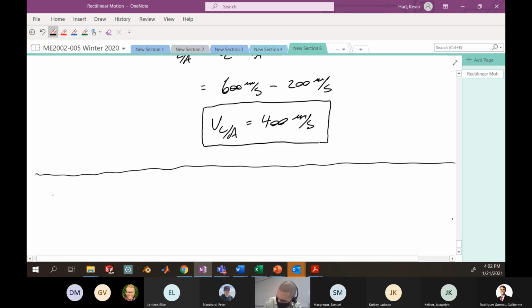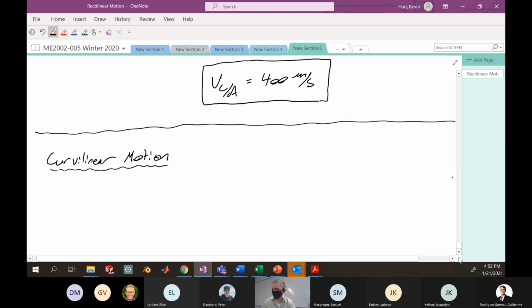So here we go, curvilinear motion. We're gonna actually feel like we're doing some real dynamics today. All right. So curvilinear motion, let's define this. We'll first just talk about particles.